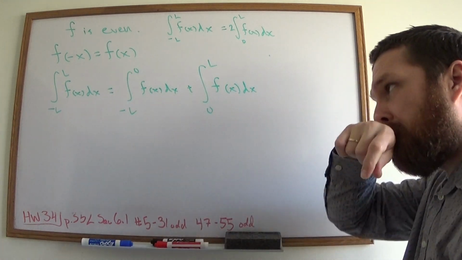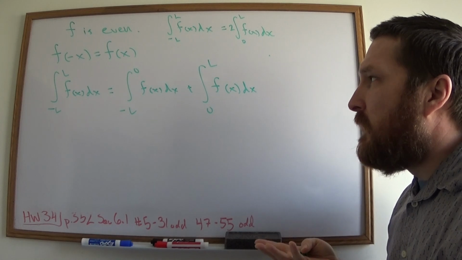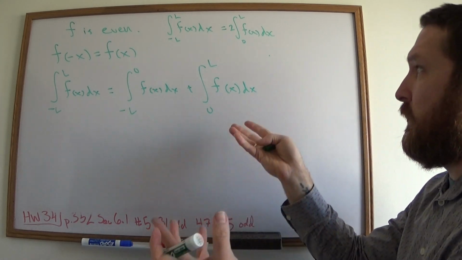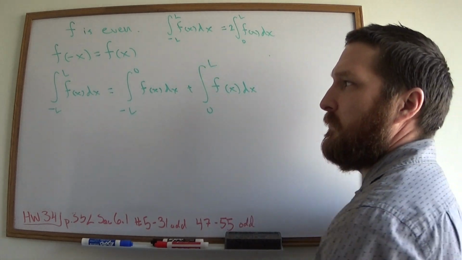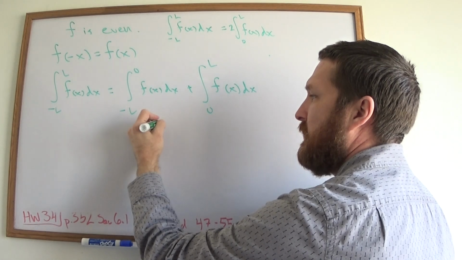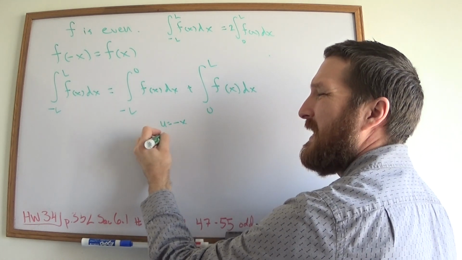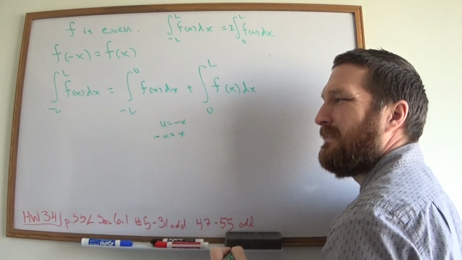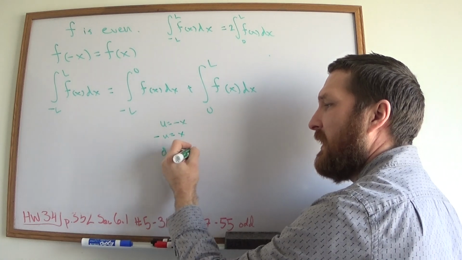Okay, now, I want to use the fact that it's even, and so how do I throw in a negative x? Well, hold up here. I'm going to do a u substitution right here. I'm going to say let u equal negative x. Or in other words, negative u equals x, right? So then du is negative dx.